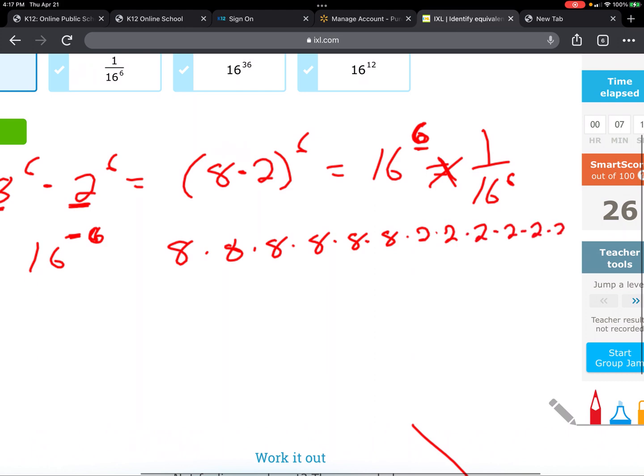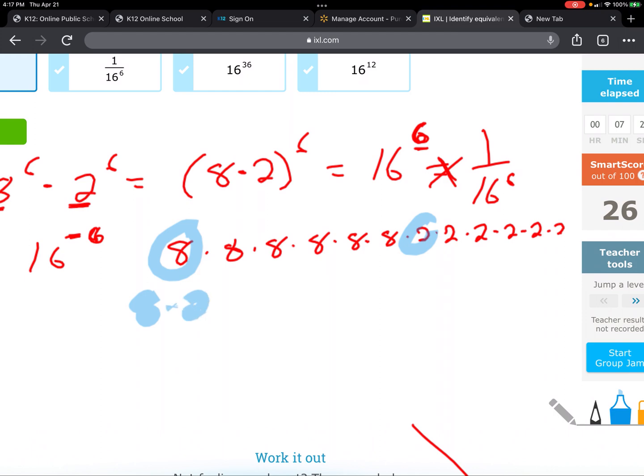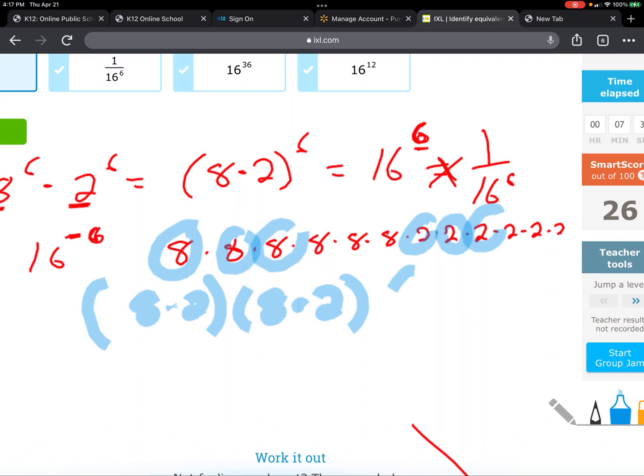One more. Okay, and I'll change colors for 8 and 2. That's going to be an 8 times 2. And then another 8 and a 2. It's going to be another 8 times 2. And if you keep going, you're going to end up with 6 groups of 8 times 2.